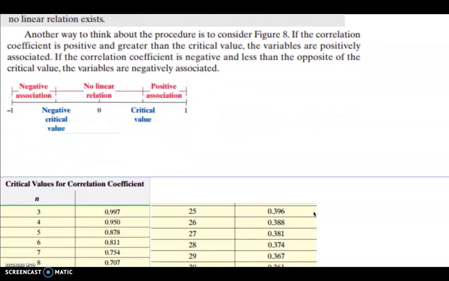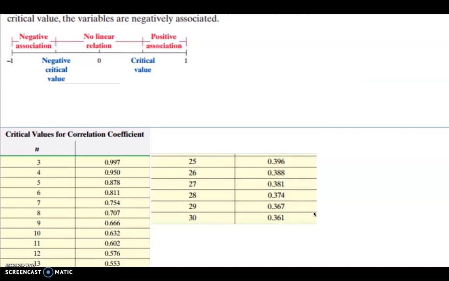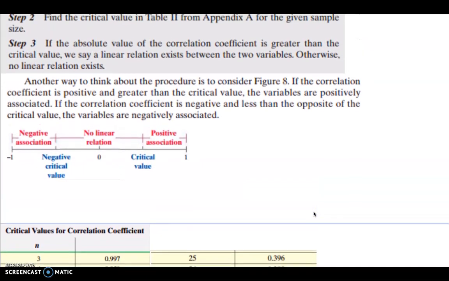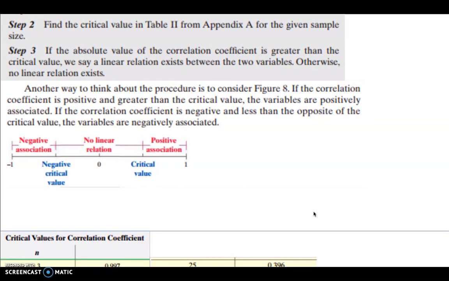Here are the critical values, and they're based off of the sample size. If the absolute value of the correlation coefficient is greater than the critical value, we say that a linear relation exists between the variables. Otherwise, it doesn't. Another way to think about the procedure is to consider this figure below. If the correlation coefficient is positive and greater than the critical value, the variables are positively associated.